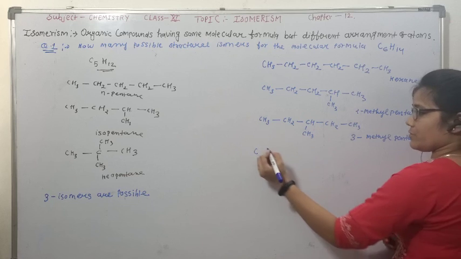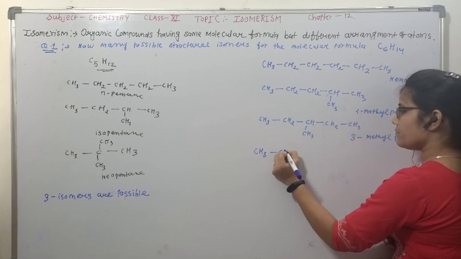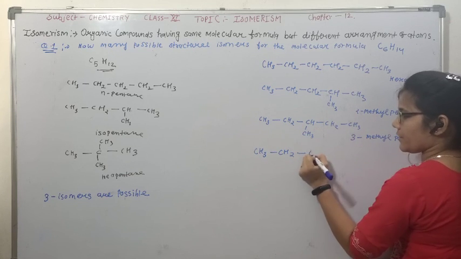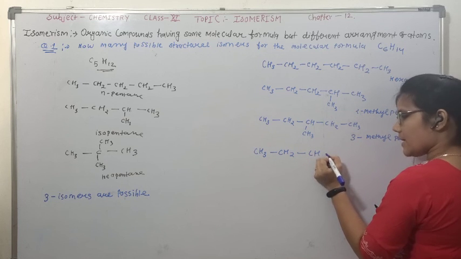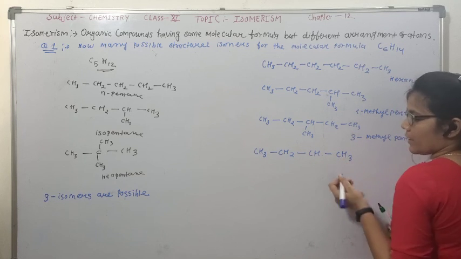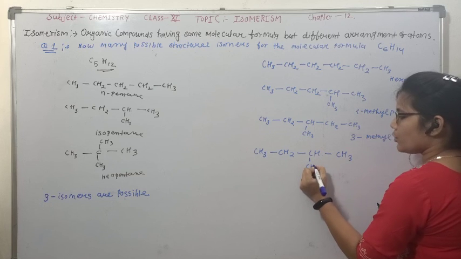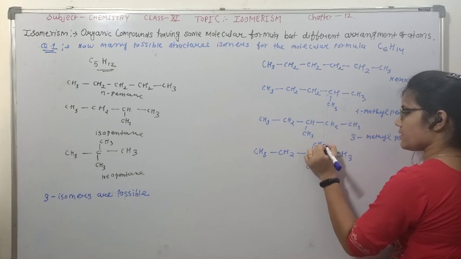Now again reduce the chain in the parent carbon. Right now we have a 5 carbon chain. Let's reduce it to a 4 carbon chain, and we'll have 2 branches like this.